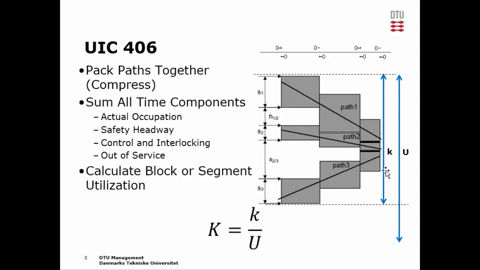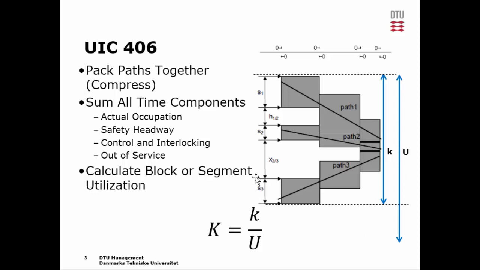And the ratio between K and U is the utilization of this railway line. And clearly, the more that we compress these trains together, the more free space is left over on the network, and by definition, the less utilization that timetable actually had.